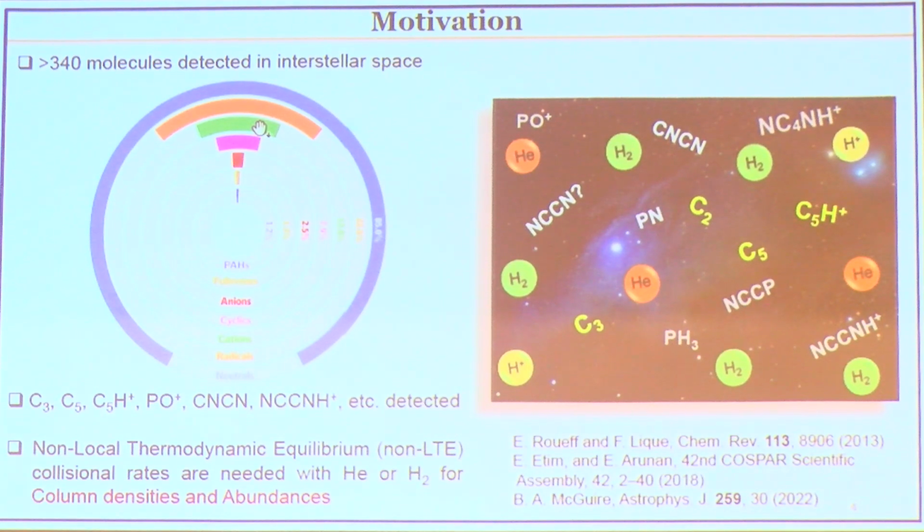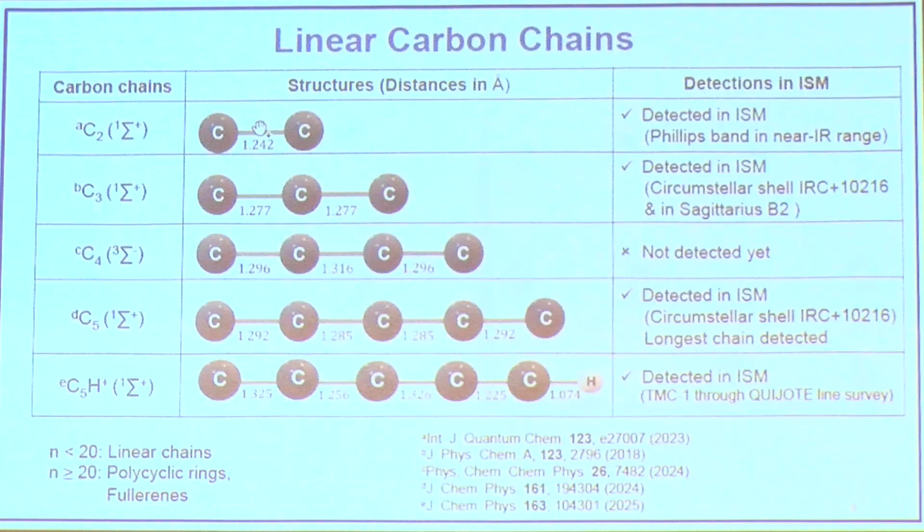Mostly they are detected using radio, IR or microwave spectra. And in the ISM, non-local thermodynamic equilibrium exists, where the collision rates with the helium and hydrogen colliders are needed for calculating the column densities and abundances. So our interest is how to calculate these rate coefficients.